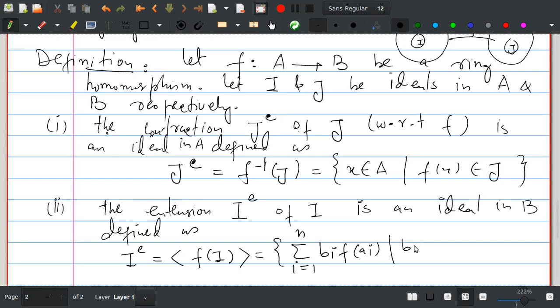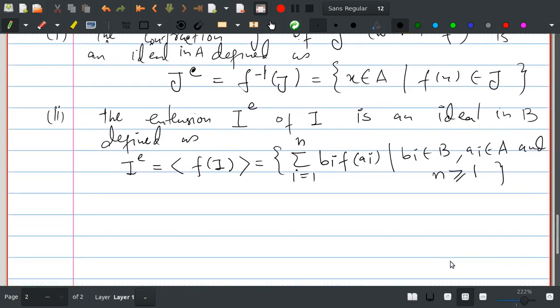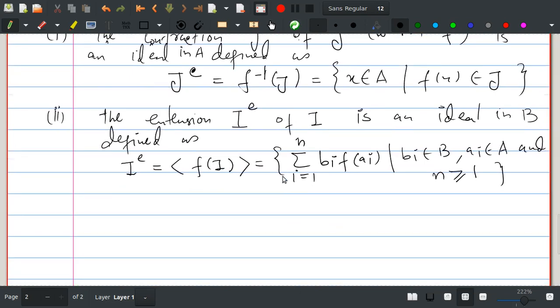So this b_i is in B, a_i is in A, and this n is a positive integer. So note that this is an ideal which contains this set f of I. So this is defined as the extension of I.